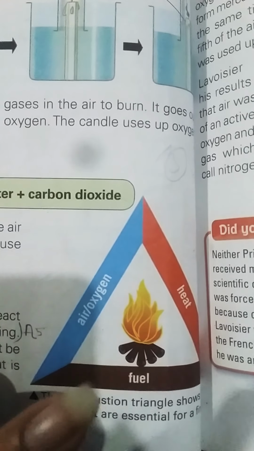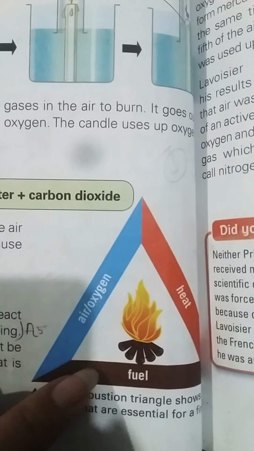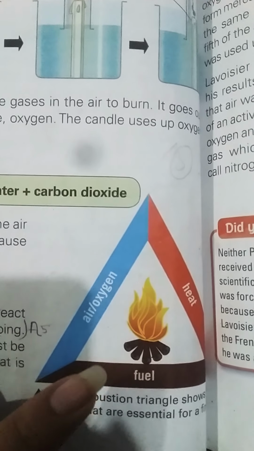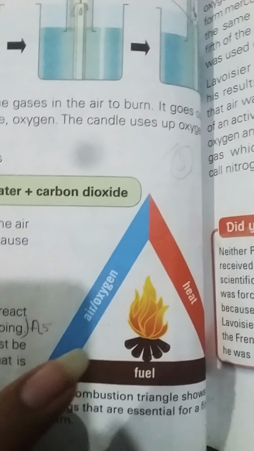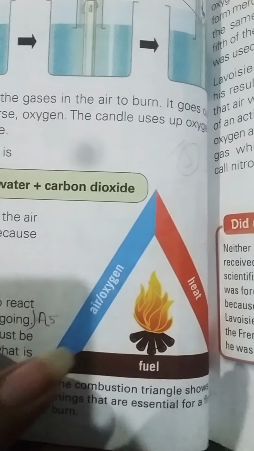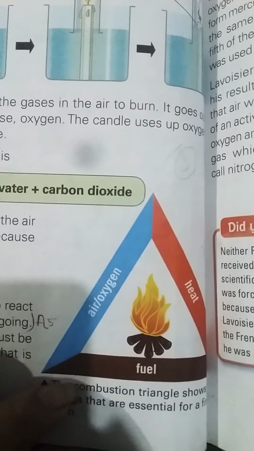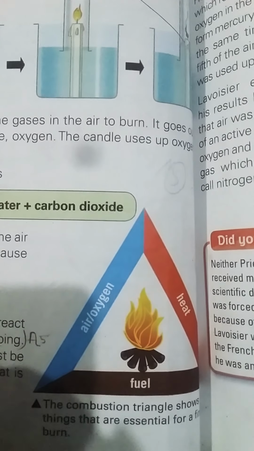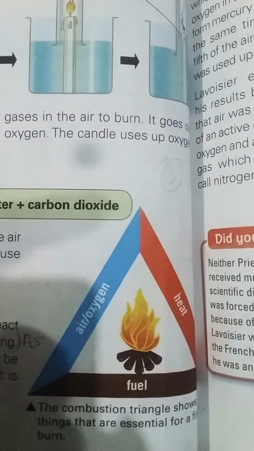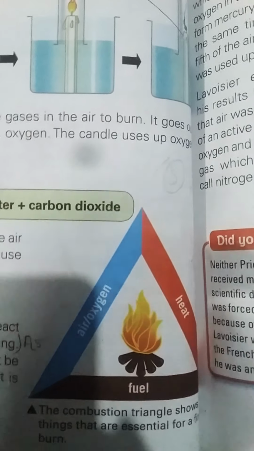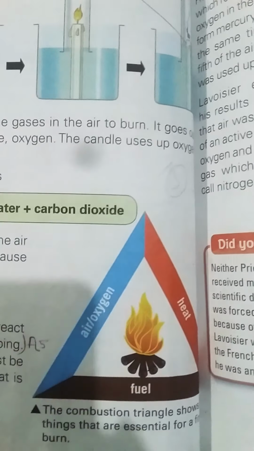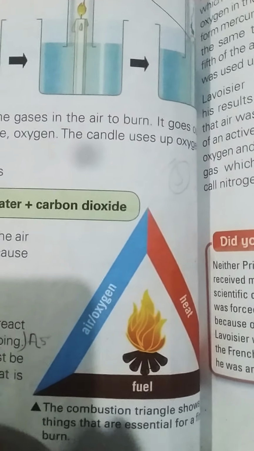How about removing the fuel? If the fuel is some gas, I will cut off the gas supply, and if the fuel is petrol, I will cut off the petrol supply, or if the fuel is wood, I will remove the wood from that area.